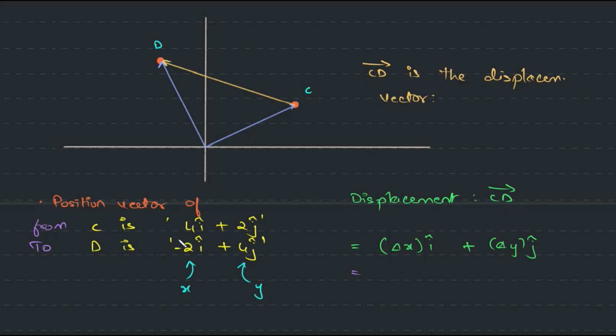Right? So I moved to minus 2 from 4, so you need to subtract that value. Plus I moved to 4 from 2. And your answer would be minus 6 i cap plus 2 j cap. That's your answer.